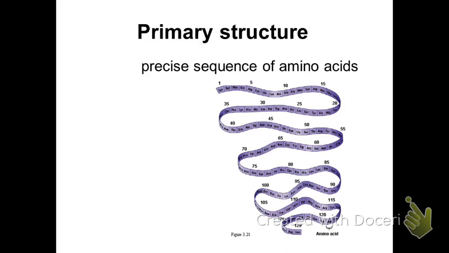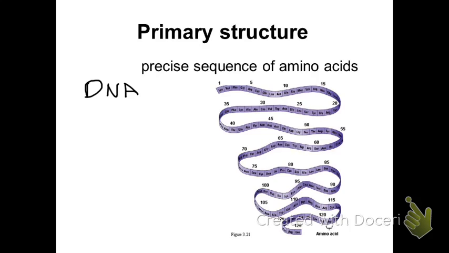Alright, so the first one we're going to look at is primary structure, or the precise sequence of amino acids. Well, how is the precise sequence of amino acids determined? Well, it is determined by your DNA, your genetic makeup. So the DNA in your cells contains all the information necessary to make a protein.